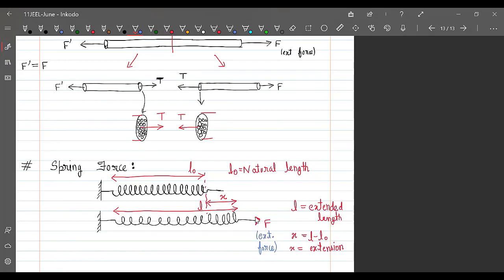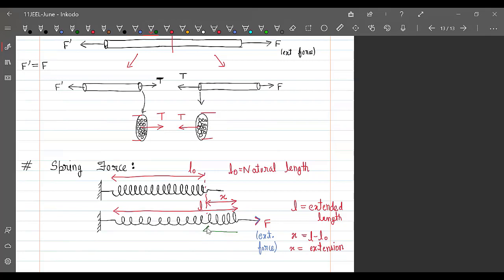Actually, when you're pulling this spring, you're separating it. Means you're making an effort for the spring atoms to separate. And when you do that, there will be an internal force in this spring. So to balance out this external force, the spring gives out an internal force.